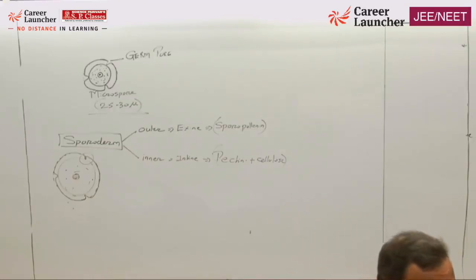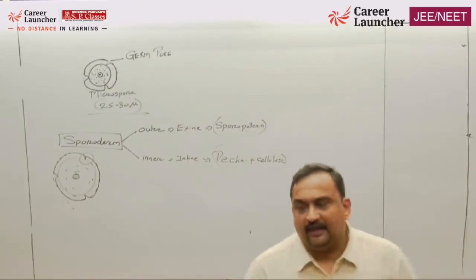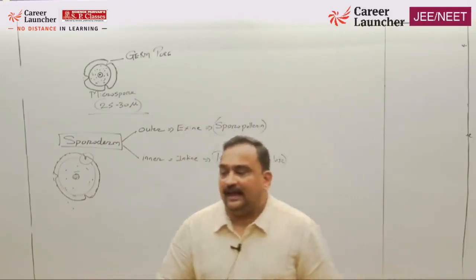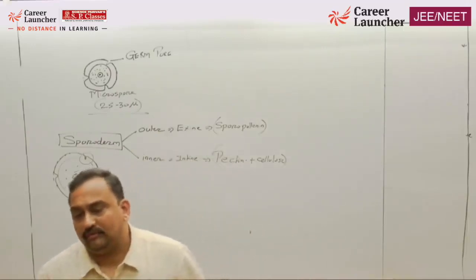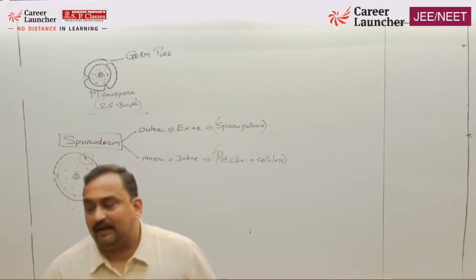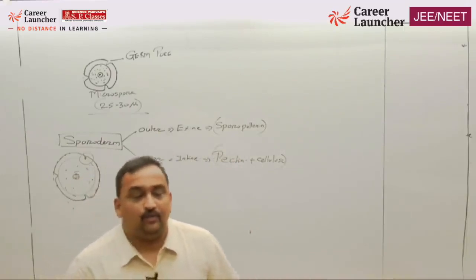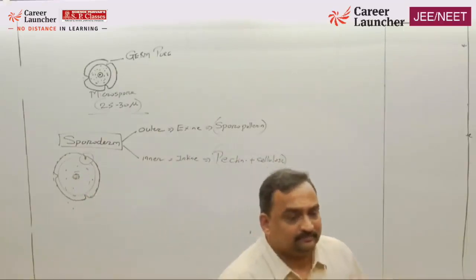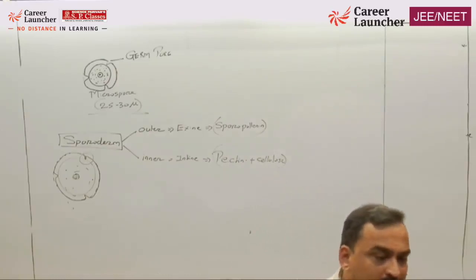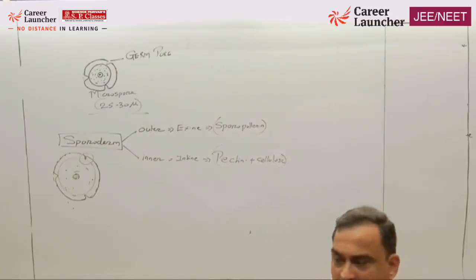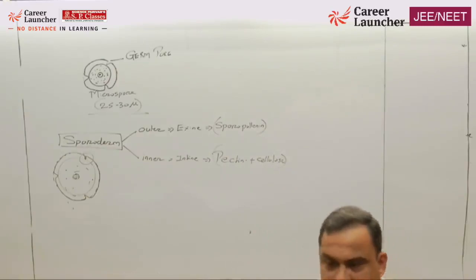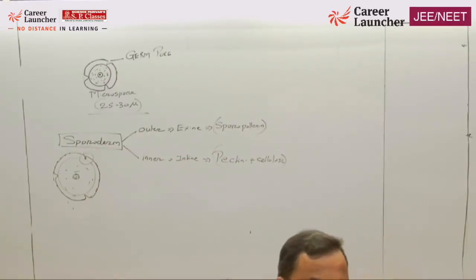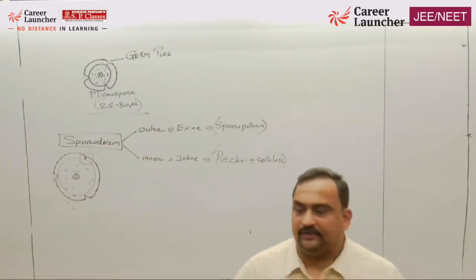For example, for anemophily, in bracket you write wind pollination, the external surface is smooth.